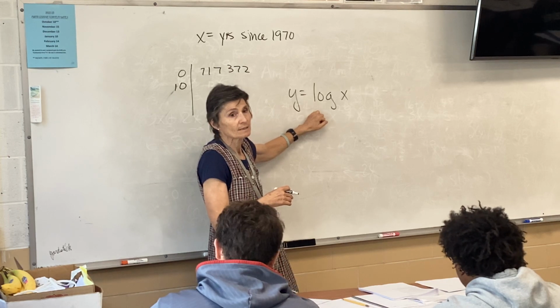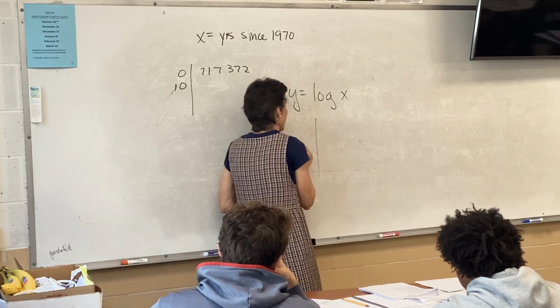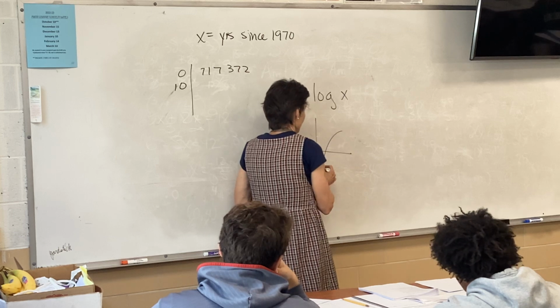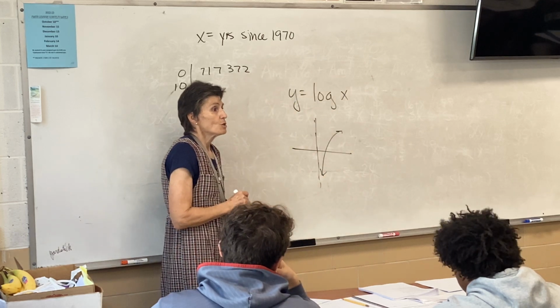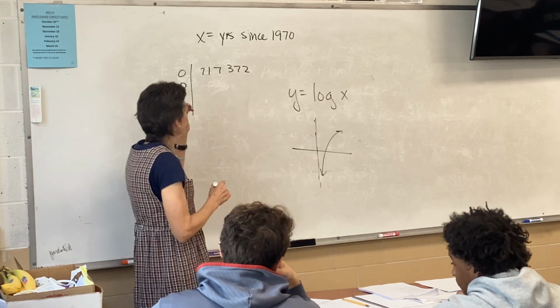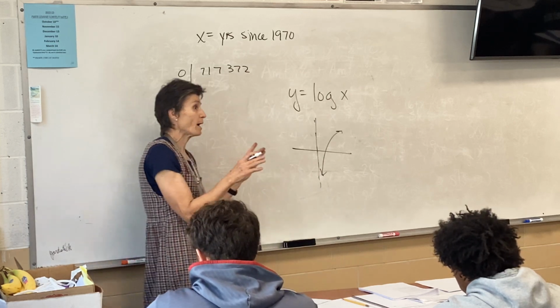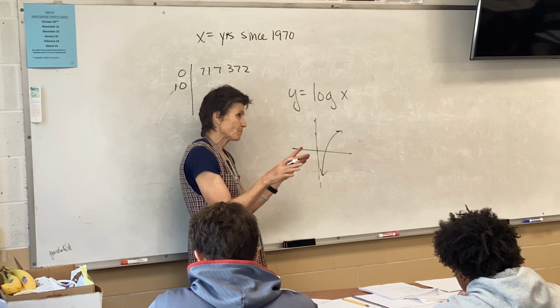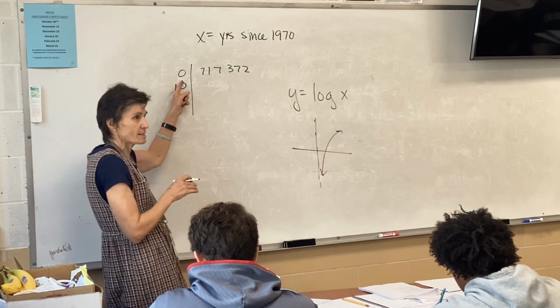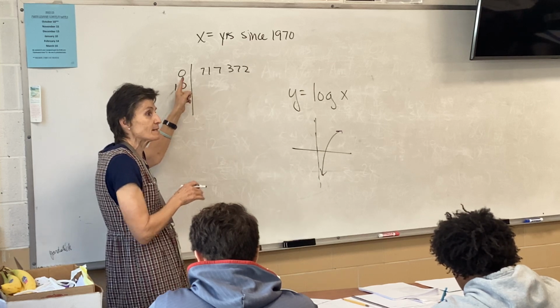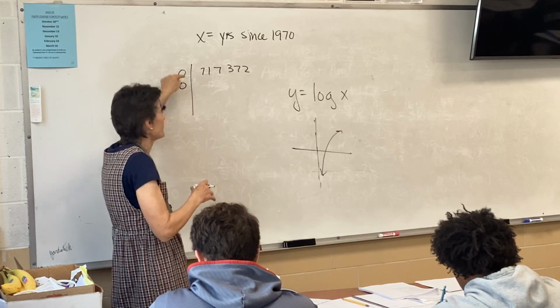No, it can't. Because, think about your logarithmic curve. Isn't there an asymptote at 0? So, when you rewrite these points, and you're allowed to rewrite them any way you want, you're not going to be able to use a 0 here, because in a logarithmic equation, x can't be 0.